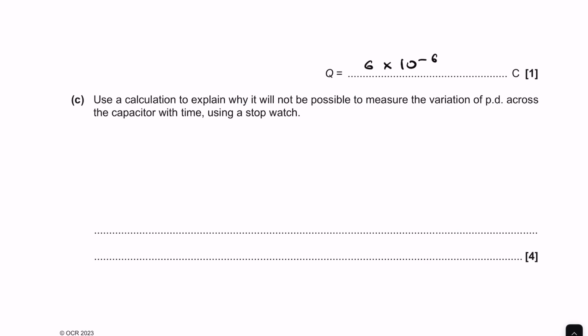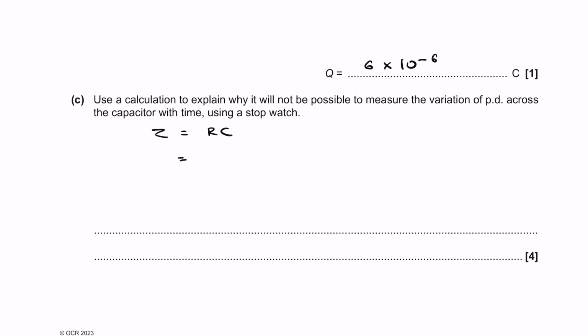Use a calculation to explain why it is not possible to measure the variation of potential difference across the capacitor with the time using a stopwatch. So the time constant is basically equal to RC. That's something we know, that it takes the voltage or the charge to drop to 37% of its original amount.